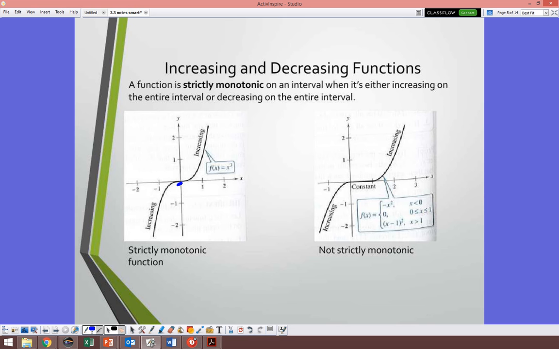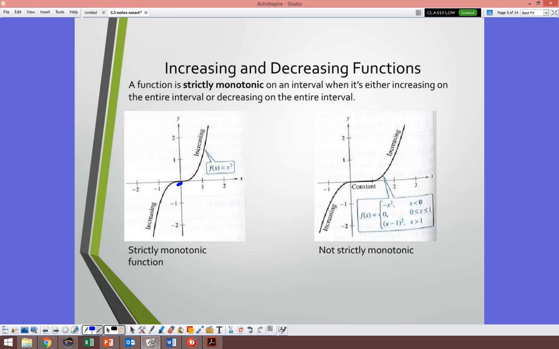Wait, so how come that one is not strictly monotonic? Is it because it has an interval of 0? It has to be increasing on the whole interval, but for the second one, it's constant. It has this interval right here in which it's not. This one is increasing for the whole thing, except at that one point, which is just a parentheses.